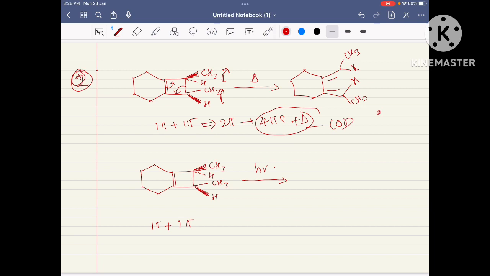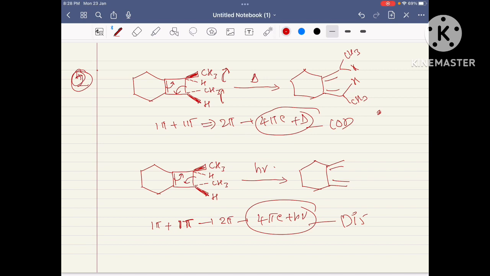Here there is one pi bond. We have to add one pi bond, so 2 pi bonds will be there, means a 4 pi electron system plus photochemical condition, means you know that you have to do the disrotatory. First we have to write the basic product. Shift this here and shift this here. Write the basic product. And then we have to decide the stereochemistry by disrotation.